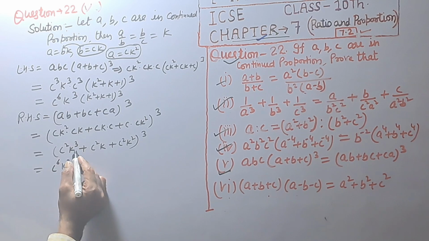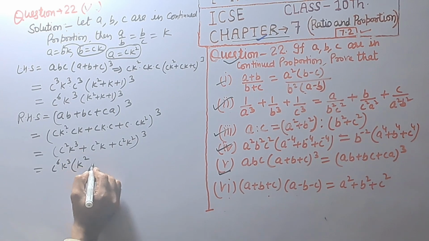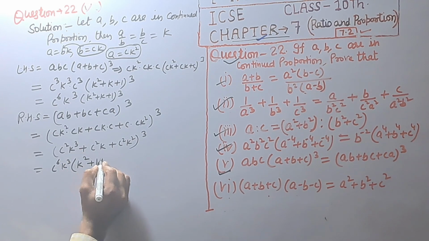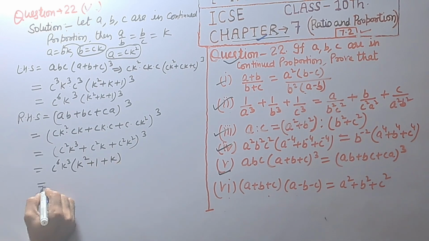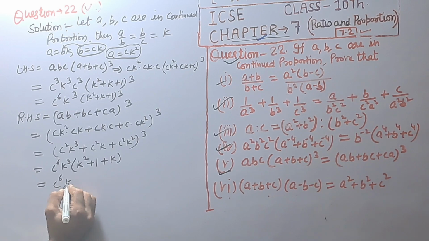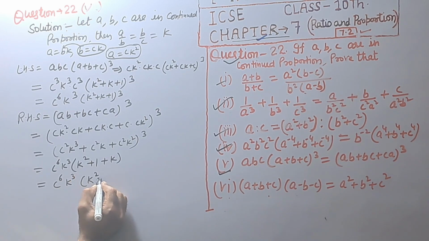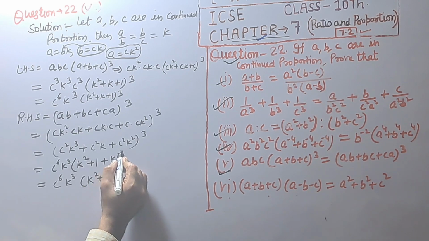and in bracket we get k raised to power 2 plus 1 plus k, that is equal to c6 k raised to power 3 and order wise k raised to power 2 plus k plus 1 all raised to power 3.